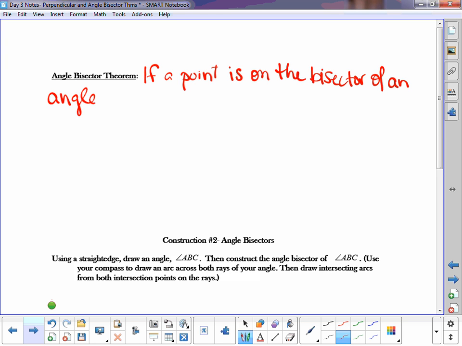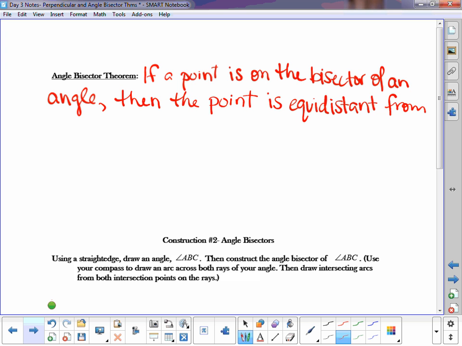If a point is on the bisector of an angle, then the point is equidistant. So it starts to sound the same so far, and the end's just a little different.